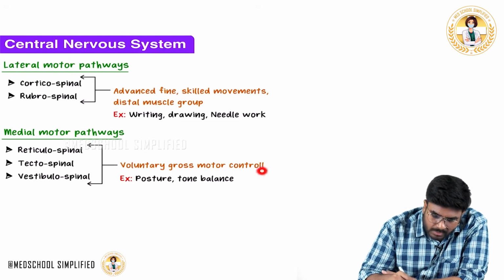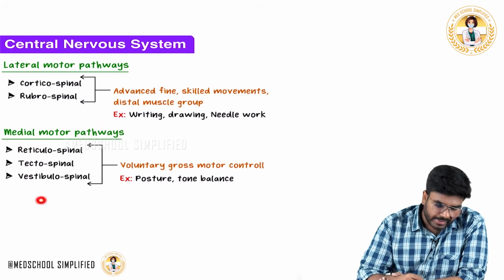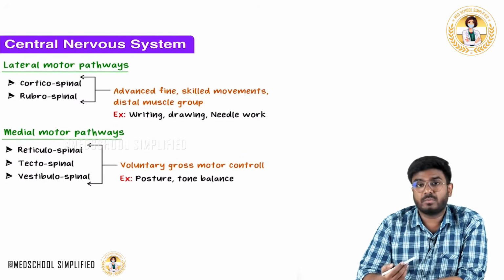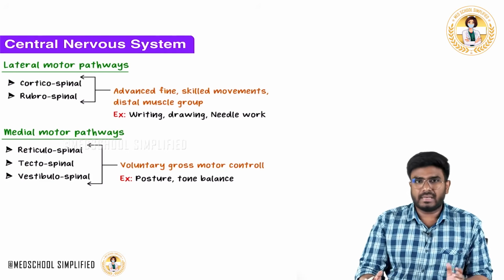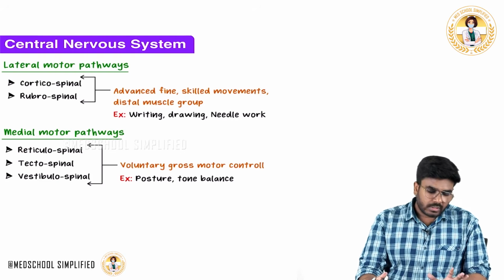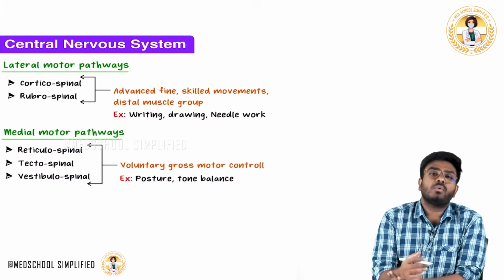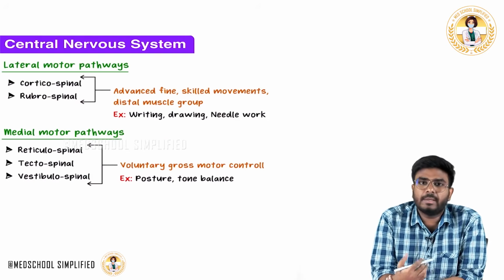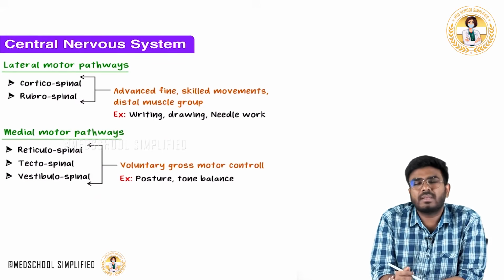So gross motor control is because of the medial motor pathways. Reticulospinal, tectospinal, vestibulospinal control gross motor movements like posture, tone, and balance while walking. These are the two important points I want you to know. With this, we have also discussed the descending pathways, the important types of descending pathways and their functions. Hope the video is helpful. Thank you.